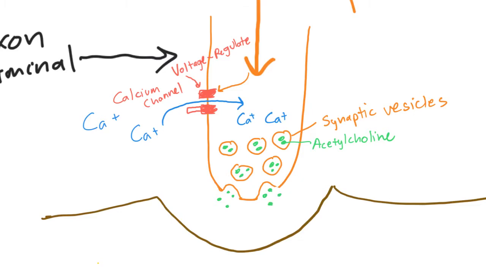Via what process are we? Right, so this is exocytosis, where those vesicles, the membrane surrounding the acetylcholine, fuses with the membrane of the axon, and then it releases acetylcholine into our synaptic cleft.